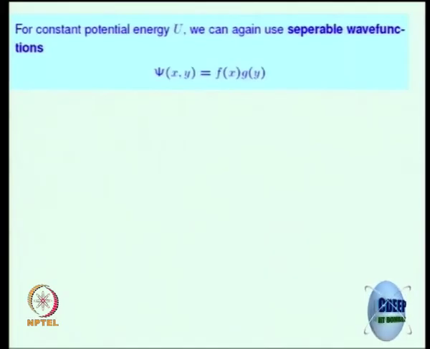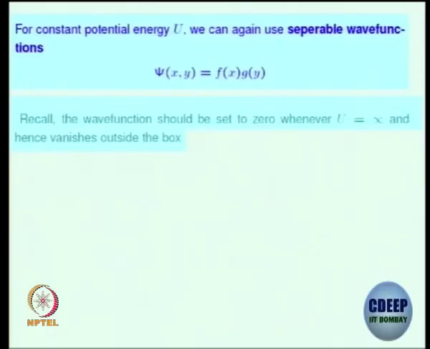So, let us solve. Psi of x y, we are now justified that we can write f of x g of y even for a particle in a two-dimensional box, and recall the wave function should vanish at x equal to L or y equal to L, and similarly at x equal to 0 and y equal to 0.